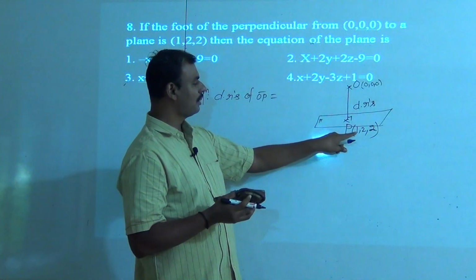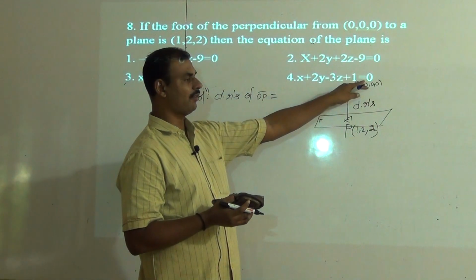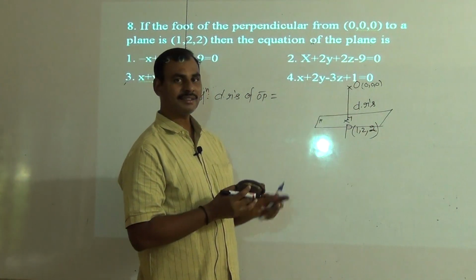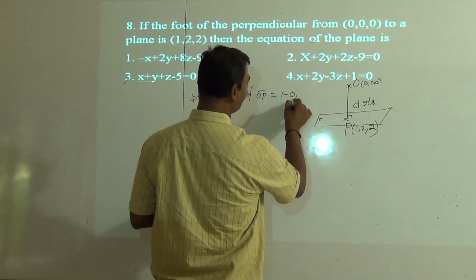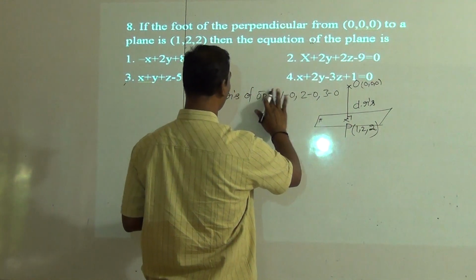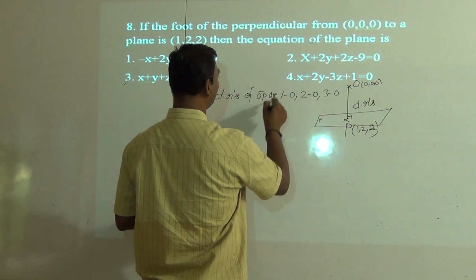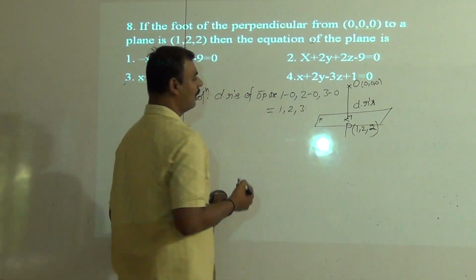We should use x2 minus x1, y2 minus y1, z2 minus z1. Very simple. So that is 1 minus 0, 2 minus 0, 2 minus 0. So the DRs of OP are 1, 2, 2.